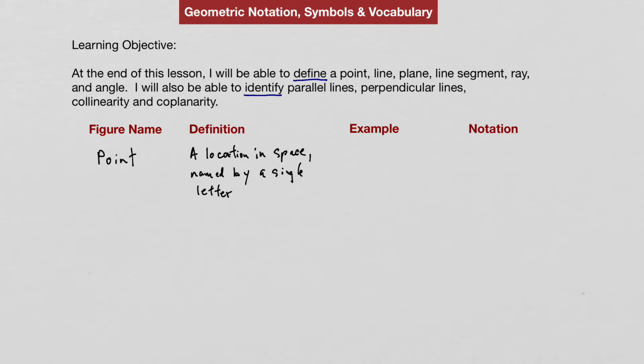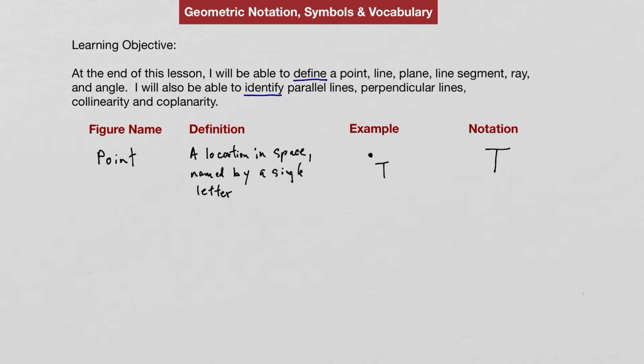It would look like this. You have a point, and you would give it a letter. Let's say it's T. And the notation in geometry would just be T. All right, pretty straightforward.